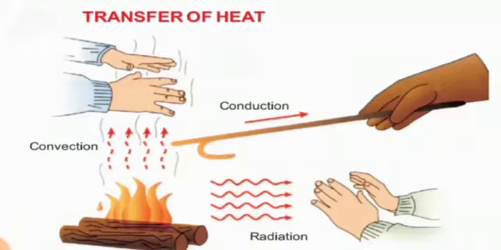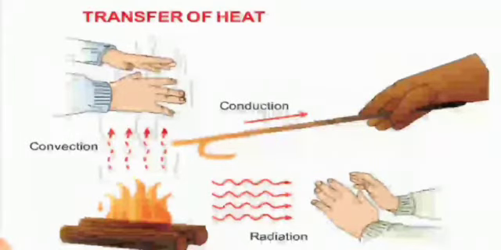It continues all the time as long as the bodies in thermal contact are at different temperatures. There are three ways by which transfer of heat takes place. These are conduction, that is the transfer of heat through solids, and then convection, that is the transfer of heat through fluids, and then there is radiation.